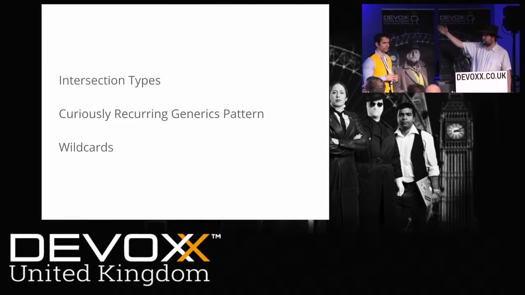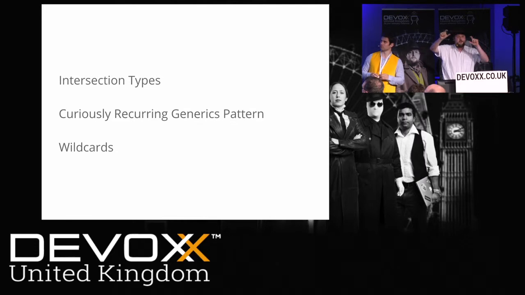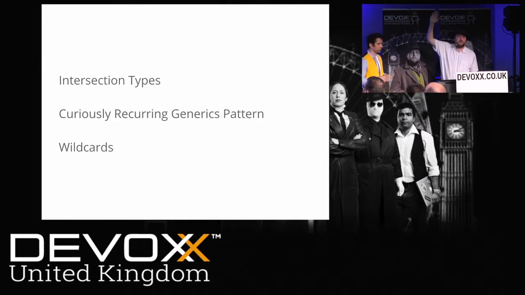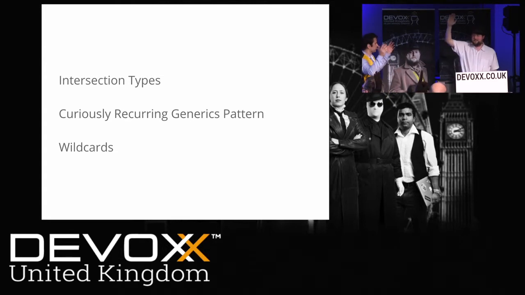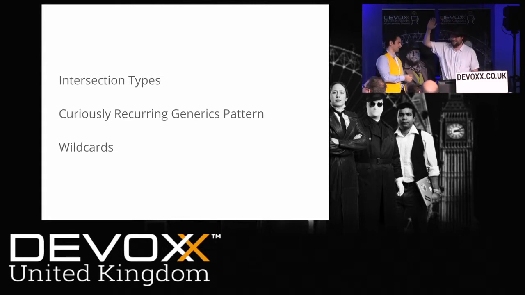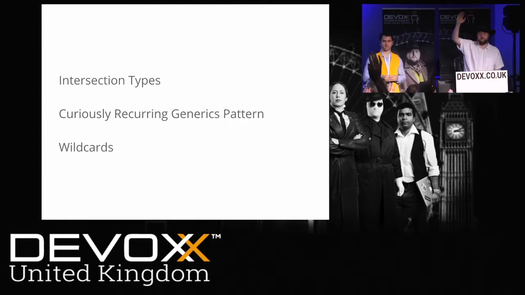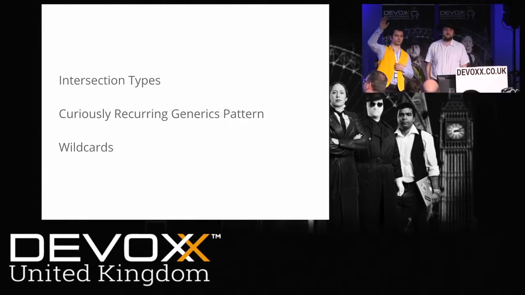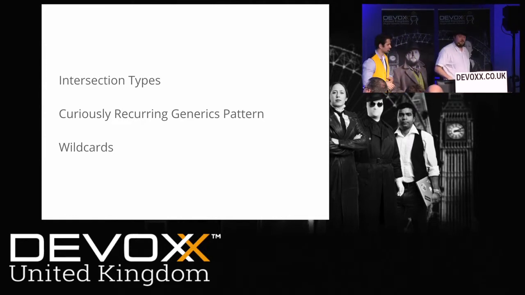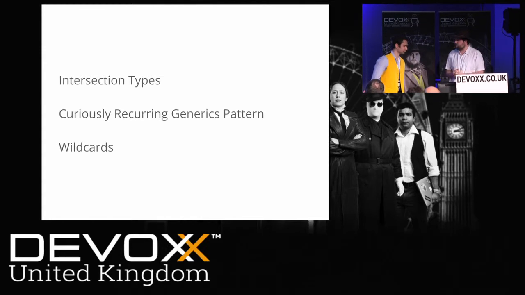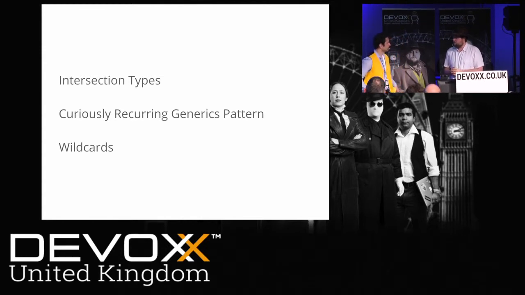What about these curiously recurring generics patterns, where type parameters refer to the type itself? Who uses that kind of thing? Who came up with that name? And what about wildcards? Who uses wildcards? More people use wildcards. Who loves wildcards? A few people love wildcards. So the key point is there are some generics patterns which have some uses, but are less frequently used.